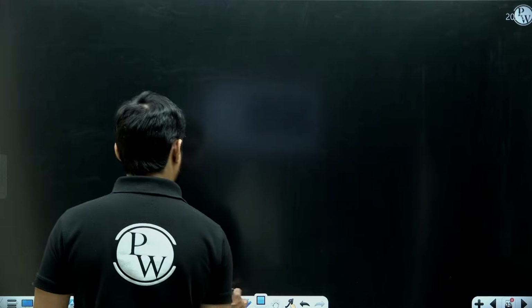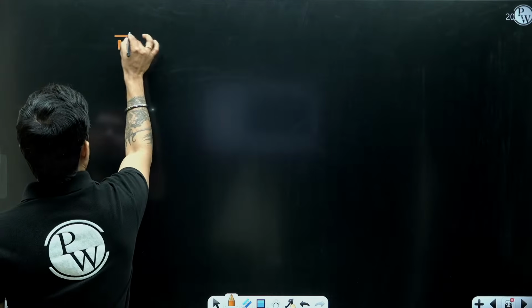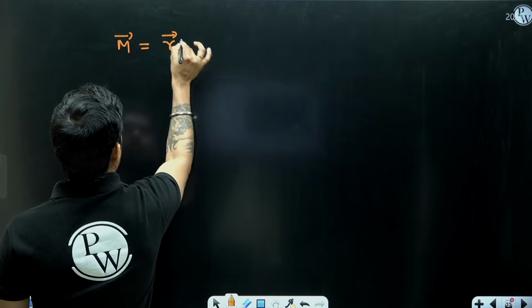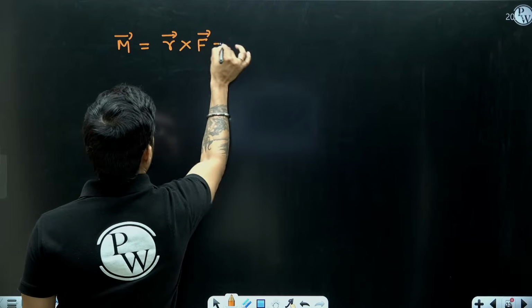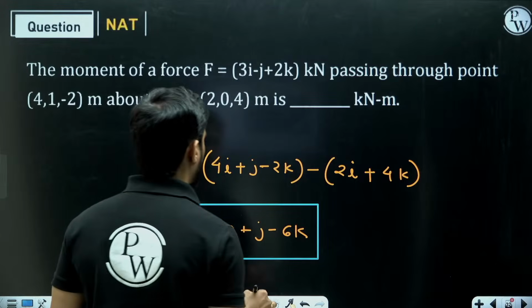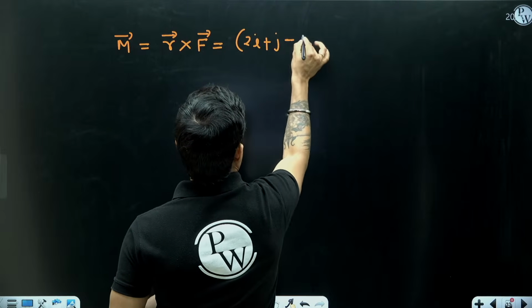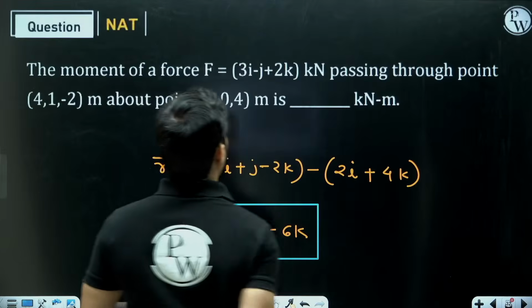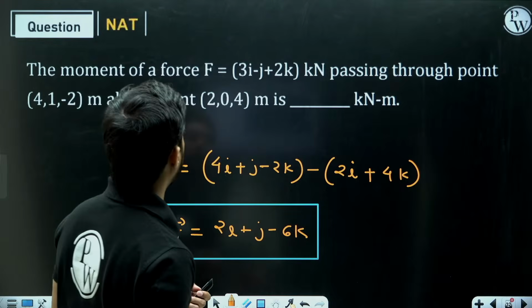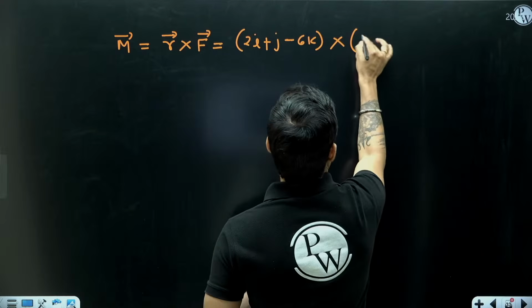So in order to calculate the moment vector, we are going to find the cross product R cross F. So what is R? 2i plus j minus 6k multiplied by, what is the force vector? 3i minus j plus 2k.